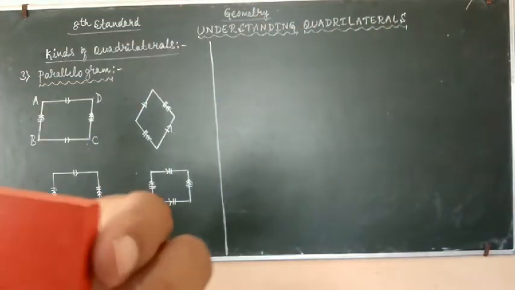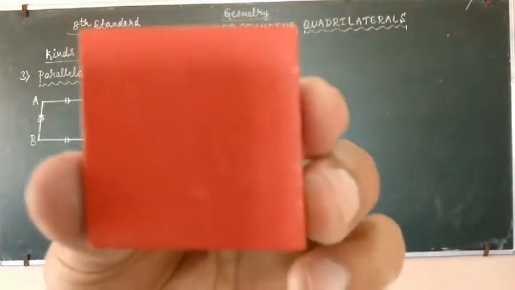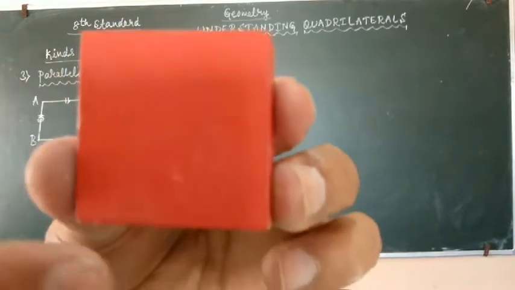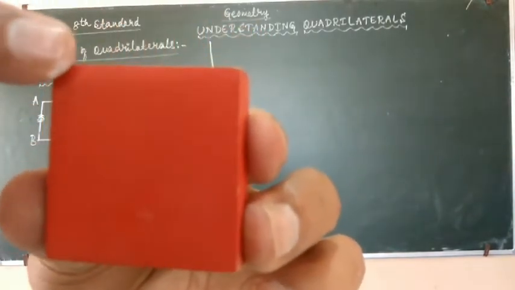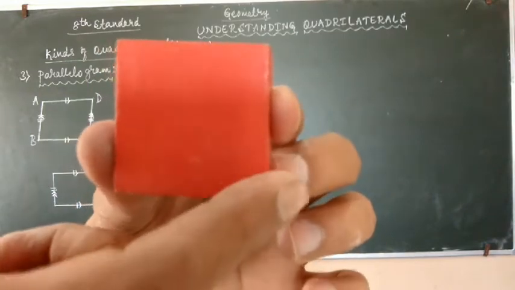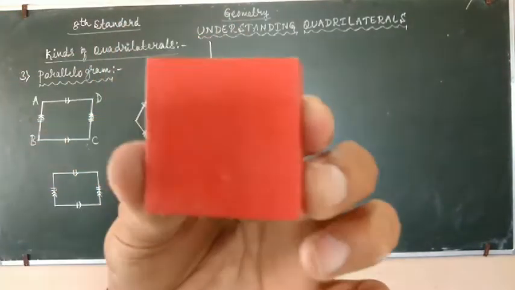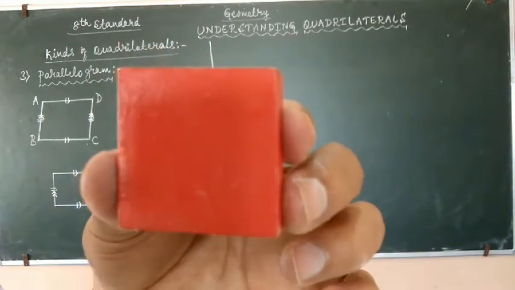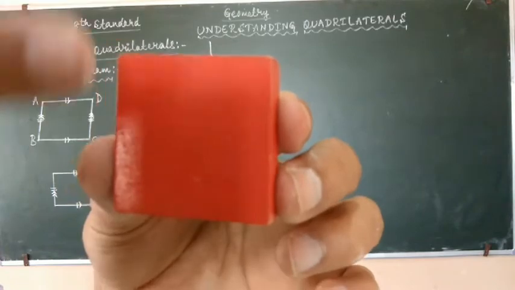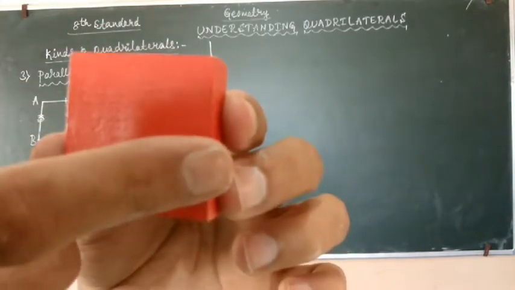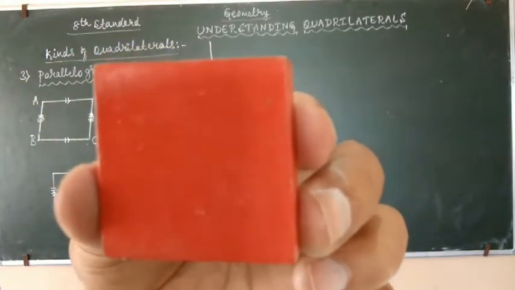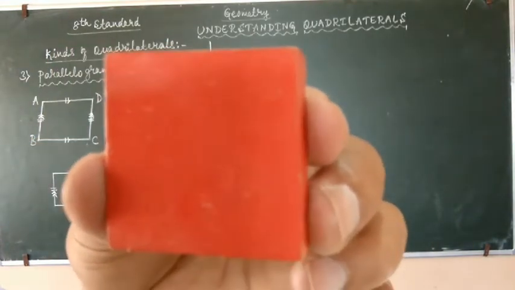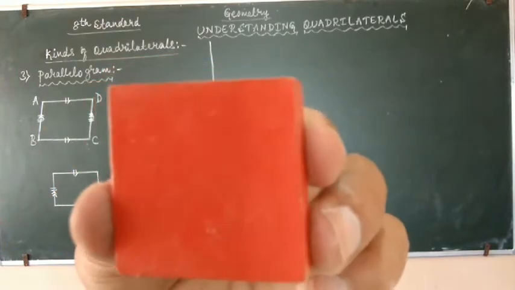Students, now observe this object. If you observe the length of each side, they are equal. All four sides are equal, but the opposite sides are parallel. So this is also a type of parallelogram, but this is called a square.